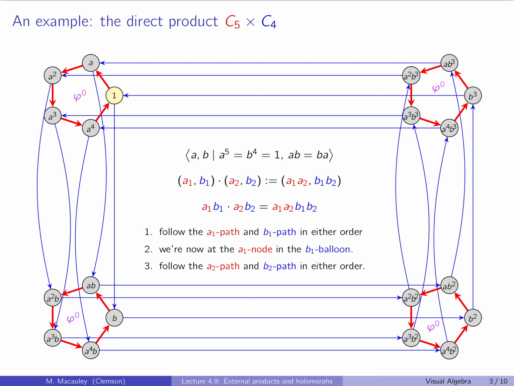Let's now compare and contrast the direct product with a semidirect product. This is the same example that I did back in that Chapter 2 lecture that I asked you to watch first. It's the direct product of C5 with C4. So you can think of C4 as being the group B. These are the balloons that get blown up.